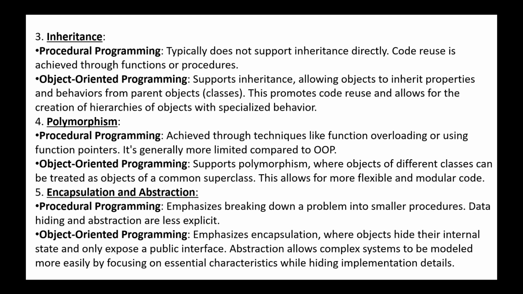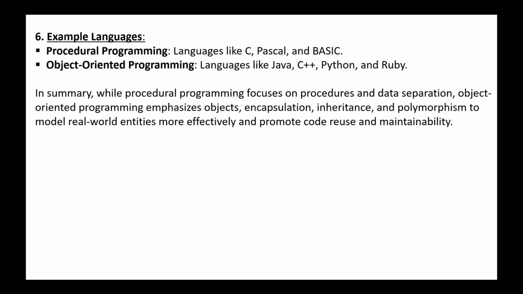Abstraction allows complex systems to be modeled more easily by focusing on essential characteristics while hiding implementation details. 6. Example languages. Procedural programming: languages like C, Pascal, and BASIC. Object-oriented programming: languages like Java, C++, Python, and Ruby.